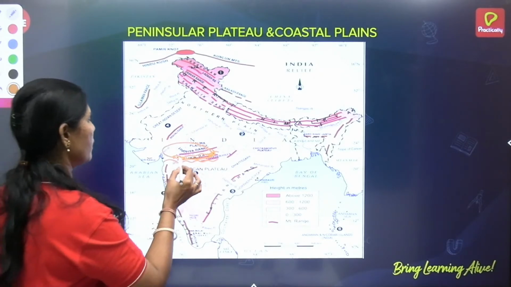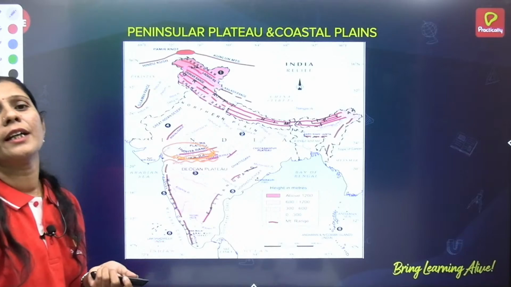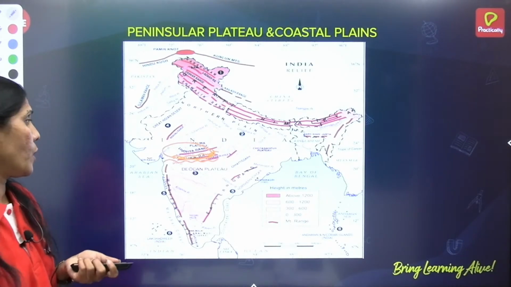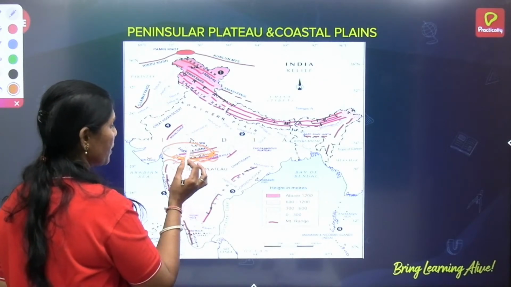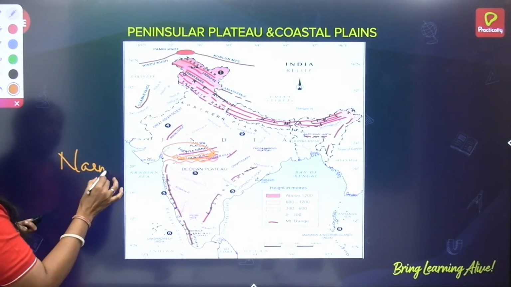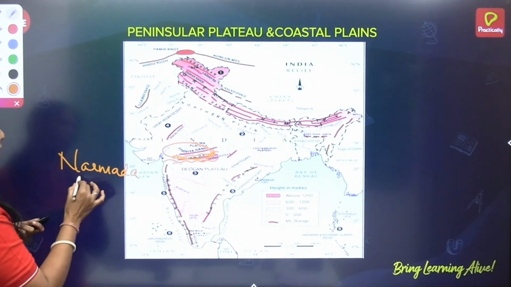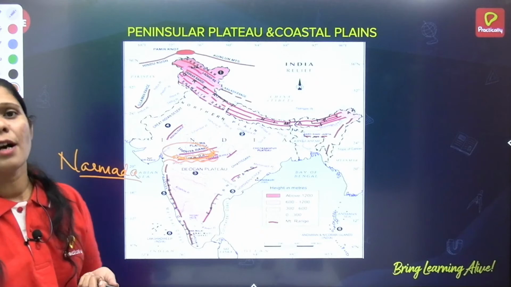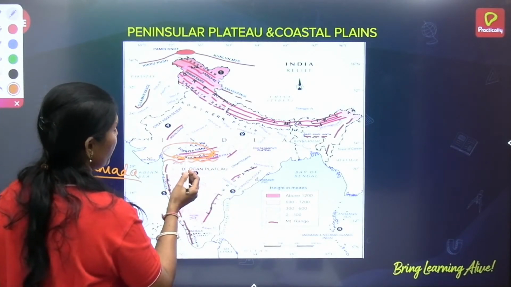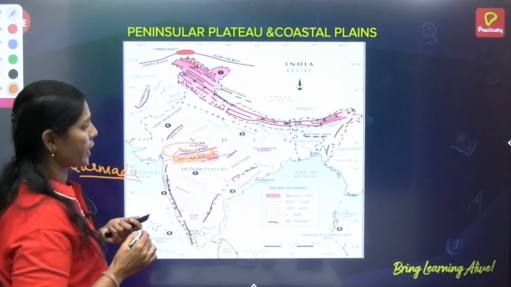Identify the river which is dividing the plateau regions under Central and Deccan Plateau. So, can you name the river? It's Narmada. Narmada is the river which is dividing the Central Plateau and the Malwa Deccan Plateau. Okay, so you need to underline this.